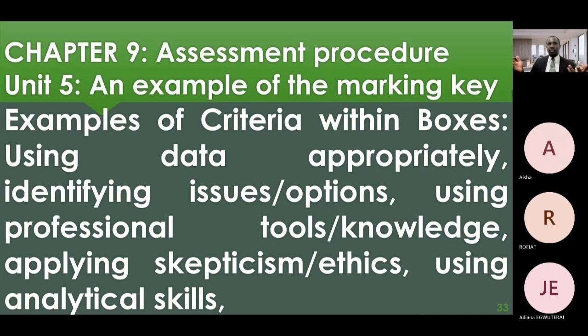Normally number 2 comes with professional tools, but the examiner is using identifying issues as option, which is number 4 in my own order. But then using data appropriately, we also need to use issues and options, which I consider challenges and consideration. Then your professional tools are the ratios or the models or the performance or strategic management tools you use.